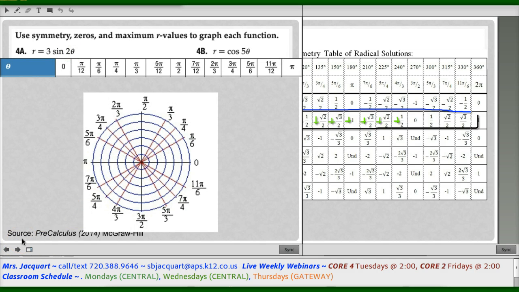Our cosine, we have 5 angles. We're going to start, well, this is 1, 1 comma 0. Start at 1, but then we got to get to 5s, and that we're going to have 5 parts.